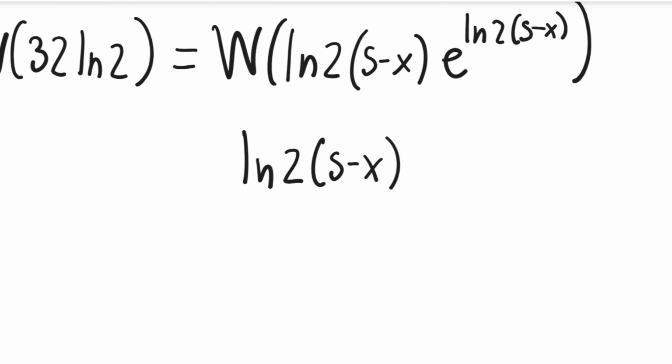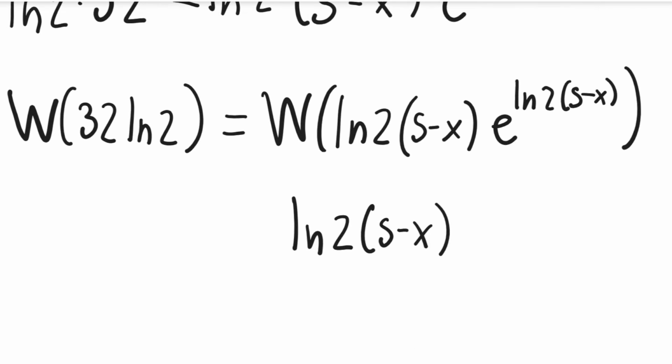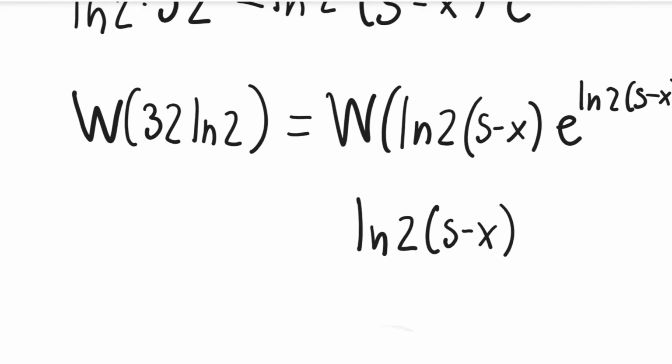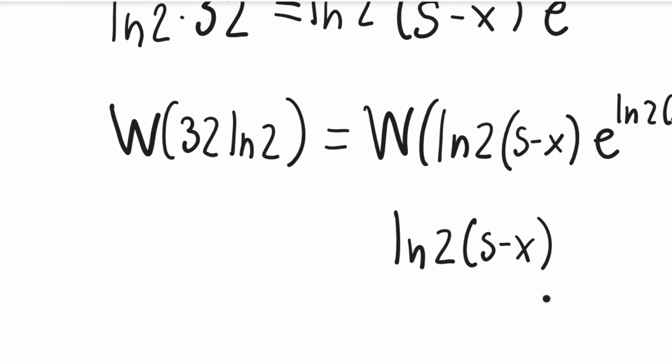Because remember that Lambert W function is the inverse function of this one over here. That's why I can say that this is equal to this. And on the left hand side, we simply have omega of 32 natural logarithm of 2.